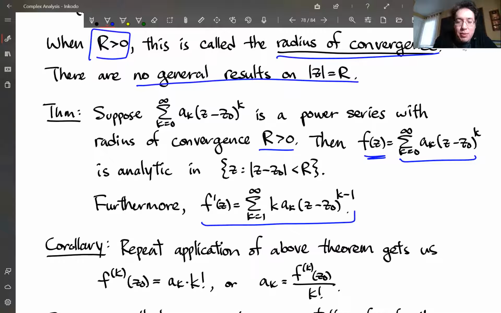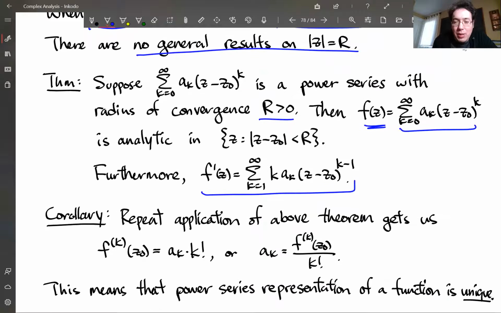And you start the sum from 1 instead, because the 0th term, the constant term, becomes 0 when you take the derivative. This is nice because we know the formula for the derivative and we don't have to do anything fancy. We just have to know the power rule. So power series are analytic functions. This is our connection to the rest of the things we know about analytic functions.